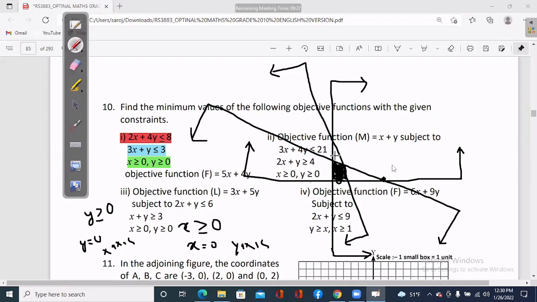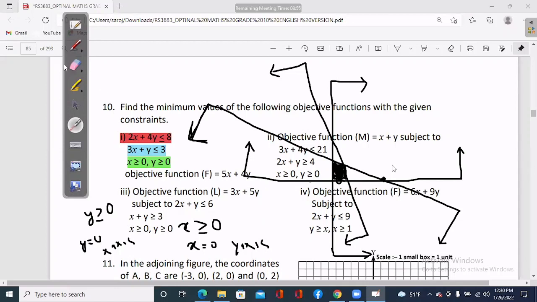Why not this triangle? Because this arrow is showing going down, so we cannot take this, which I have highlighted here. We cannot take this also, because this arrow is showing that we have to move this side. So the feasible region, as I said, is the quadrilateral. The quadrilateral is the feasible region for this question number 10I.